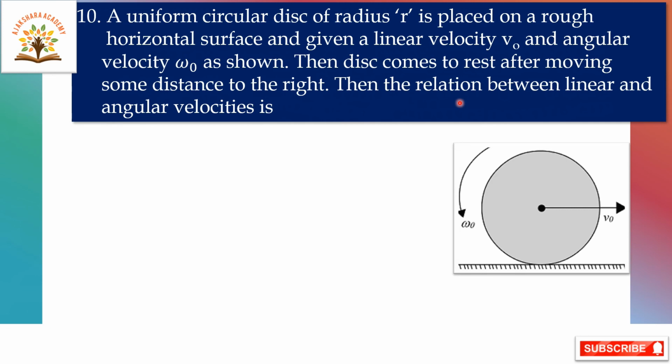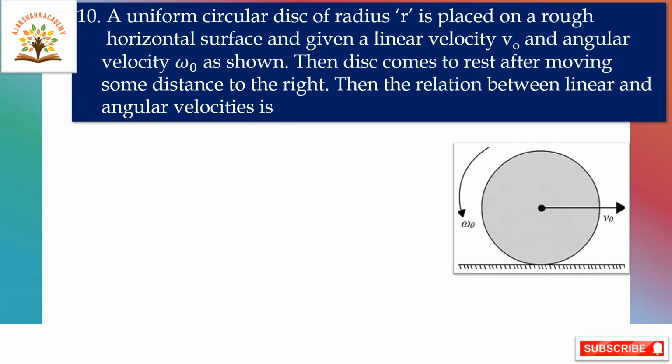This is a uniform circular disc of radius r, which is placed on a rough horizontal surface and given a linear velocity v naught, angular velocity omega naught. Since the disc comes to rest, it stops rotation and translation simultaneously.